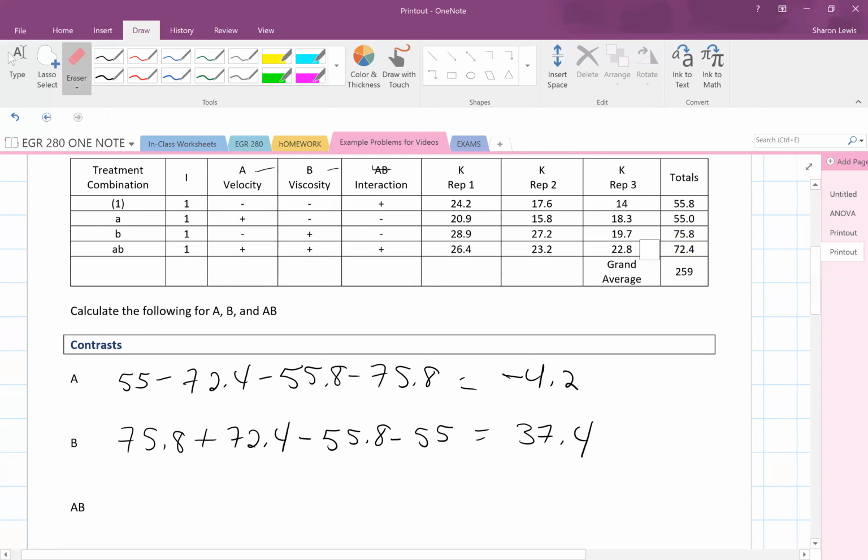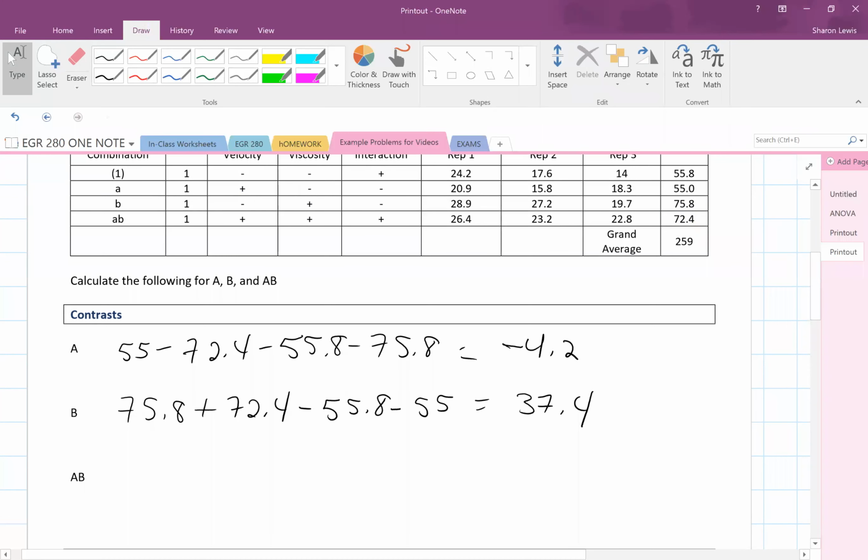And then we have the interaction. Just in case you missed it in class, remember we were able to generate the standard form, the standard design, using Yates. So the interactions come from just multiplying the 2 columns together. So negative, negative, positive, positive, negative, negative, negative, positive, negative, positive, positive, positive. So that's where that comes from.